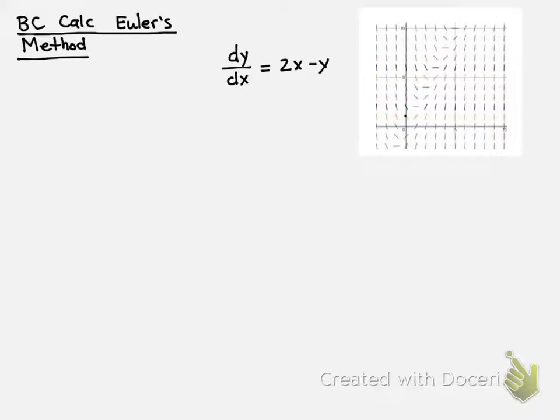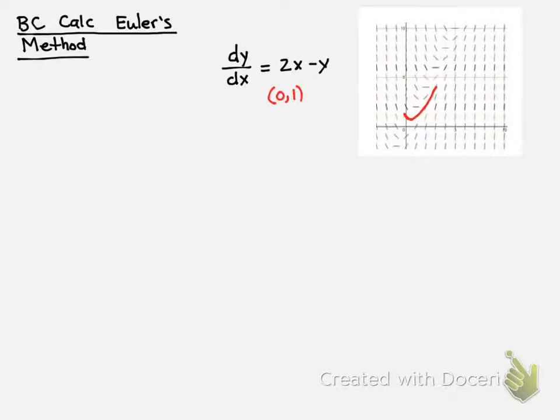Euler's method is a method that will allow us to calculate approximate slope fields mathematically. If we thought about this point here that I've started with, when x is 0 and y is 1, if we were going to sketch the particular solution on this slope field, we would start at that point and we would follow the slope field, but you could quickly see that we're going to have to start to bend up.